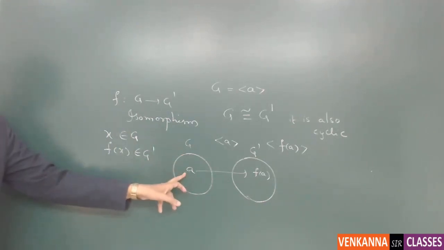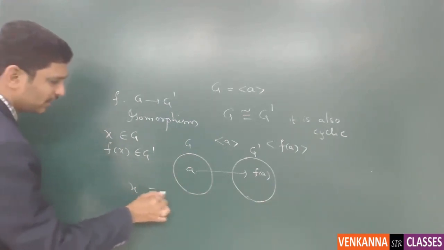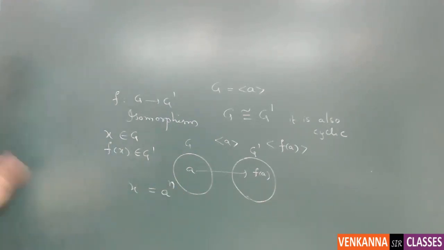Since G is generated by A, you can write x equal to A power n for some integer n.